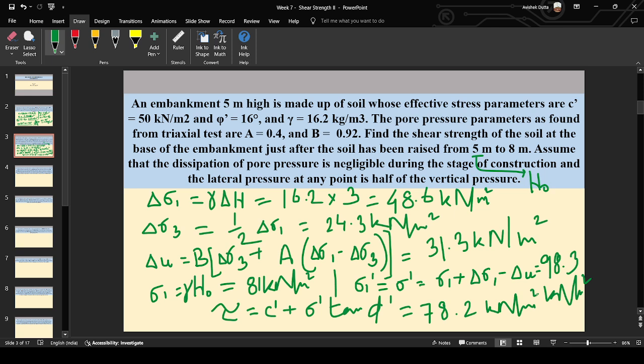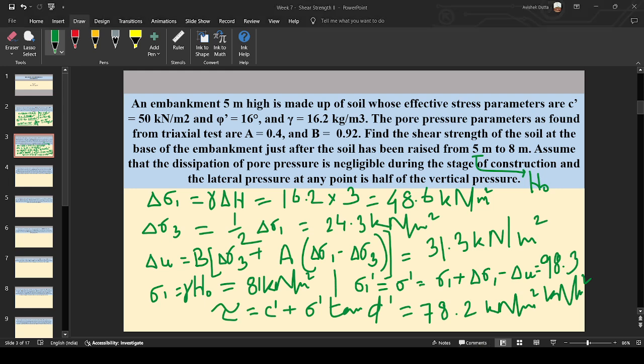Putting all the effective parameters in the equation, we get the shear strength as 78.2.